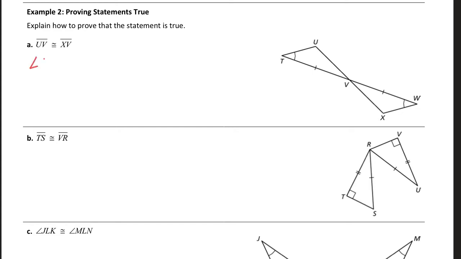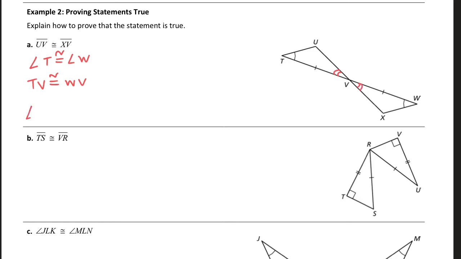We can assume angle T is congruent to angle W, because that's marked. Okay, I can assume that TV is congruent to WV, because that's marked. The last thing I can assume is that, and I'm going to mark it, this angle right here and this angle right here are congruent.